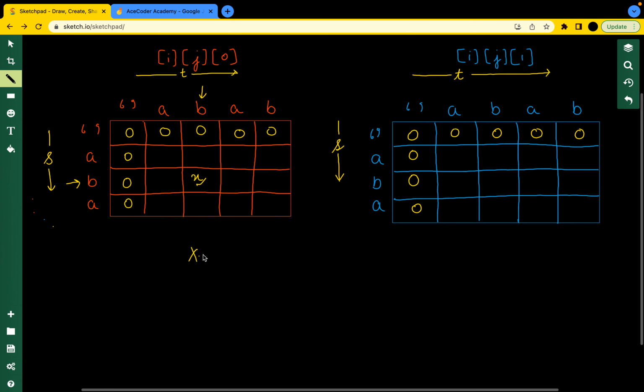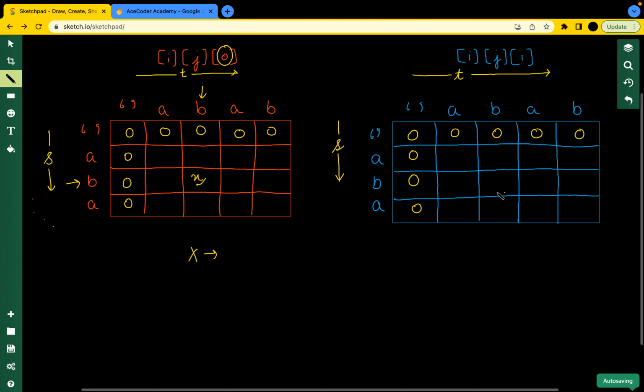This x is the length of the common string from s and t ending at these respective indices, like the string ending at this b from s and the string ending at this b from t. The difference of characters between these two strings is 0.